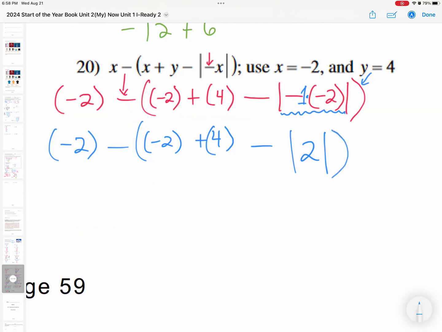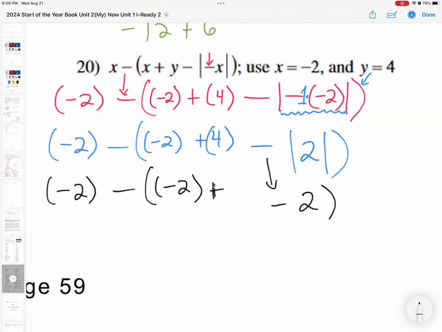So that's why it's so important to show each individual step. Now we end up with absolute value of 2 is 2. That negative, we're just dropping. Again, most of the time, we're just dropping a lot of things, just rewriting, showing our work step for step.